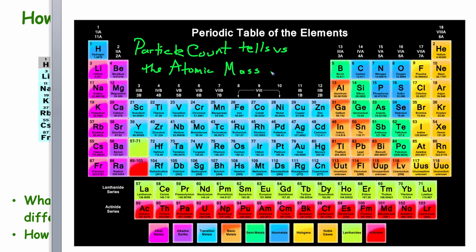And so how do we determine the atomic mass? Count the particles in an atom. The number of particles in an atom is the particle count of that atom. And that tells us, first of all, the number of protons will tell us what element it is, and the number of protons and neutrons added together or counted together will tell us whether that's a pure atom or whether it's an isotope.